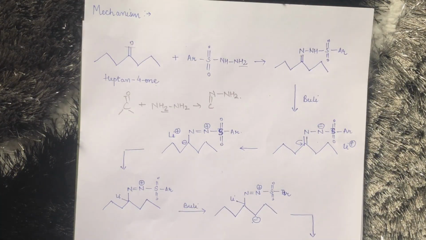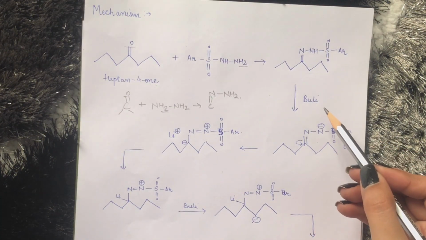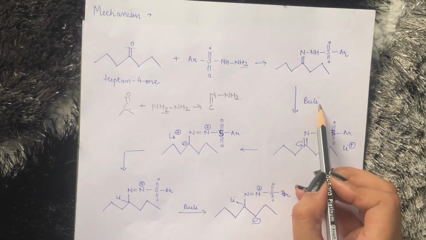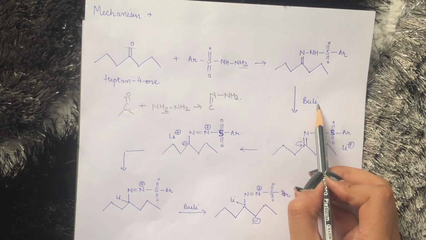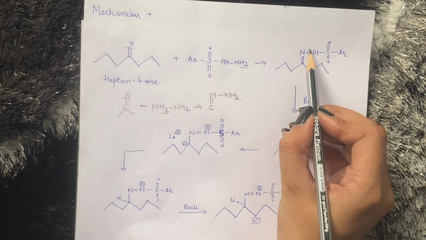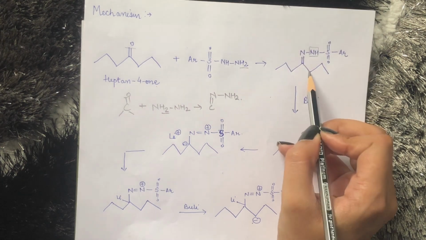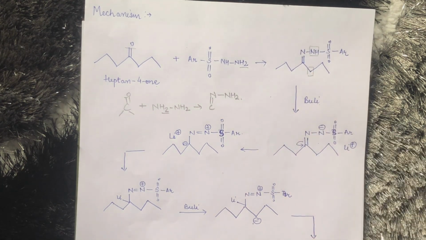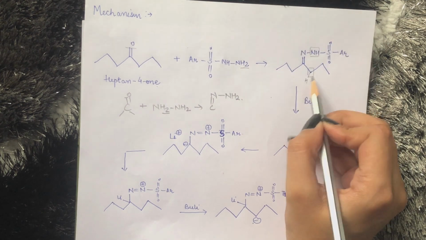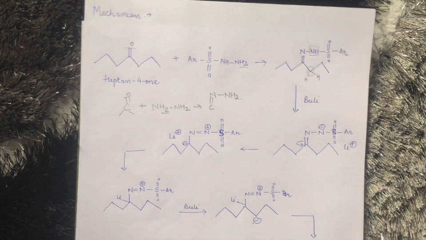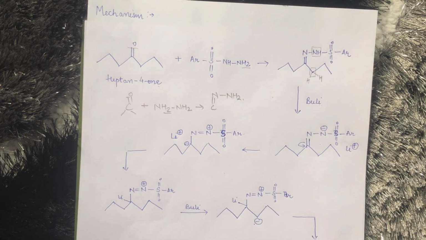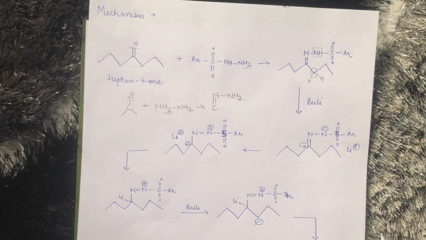This intermediate is then treated with butyl lithium. Butyl lithium being a strong base will abstract a proton. Either it gets abstracted from the nitrogen atom or from the carbon atom. There are two hydrogens. We know the more the electronegativity difference, the easier will be the proton abstraction.